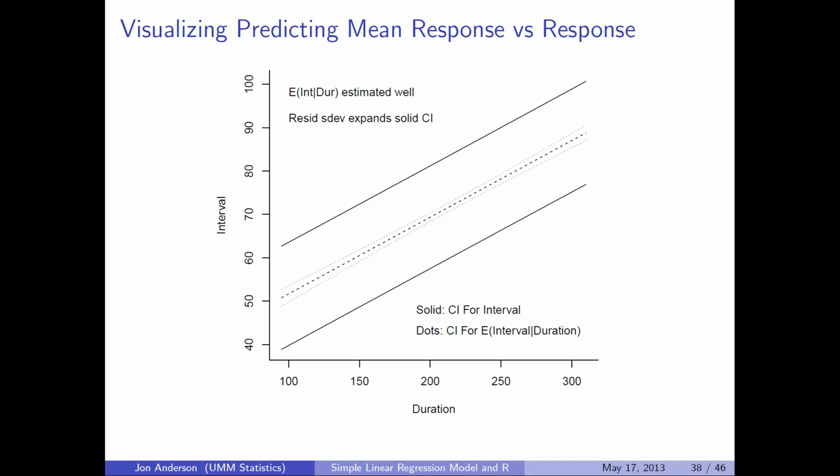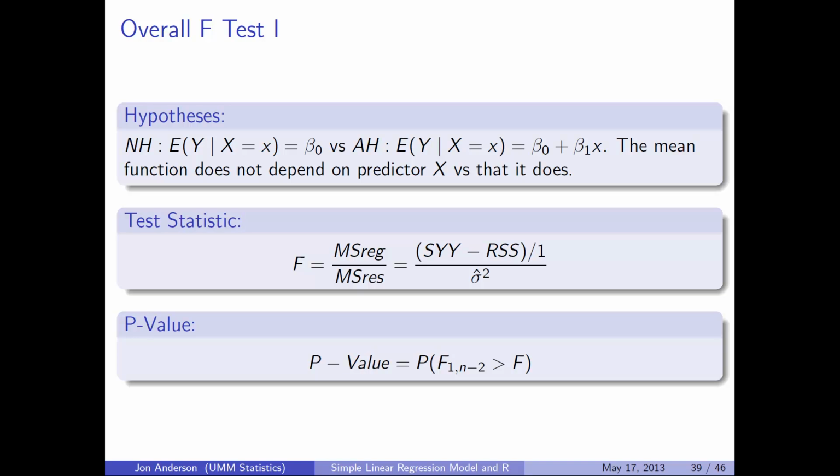When we have a lot of data like we do, we really are quite confident about where the mean function is. But that really doesn't help us resolve the variation in what an individual eruption is going to do. That is controlled by the sigma parameter, and we don't have a way to deal with that other than that it exists in the random system.